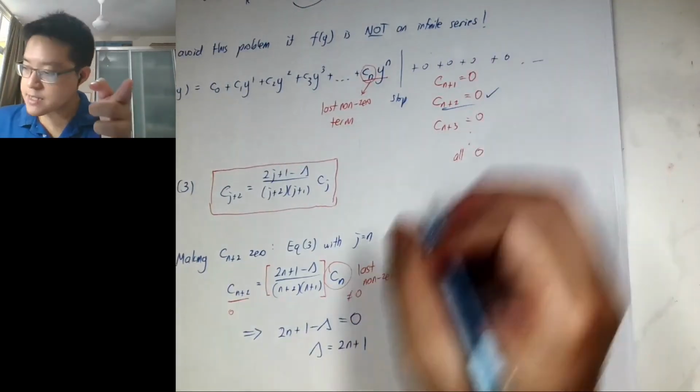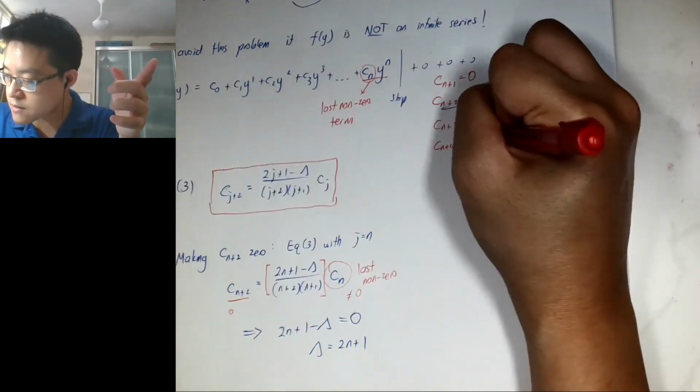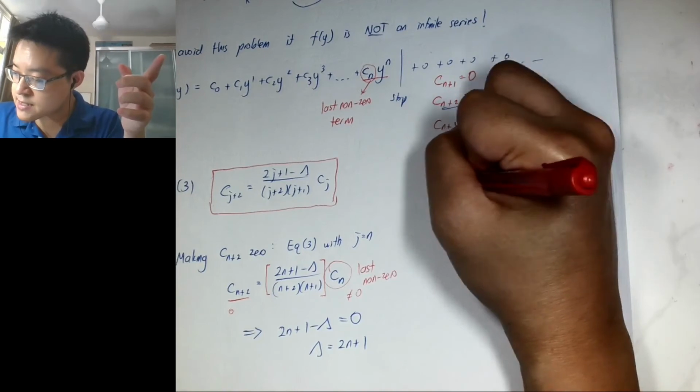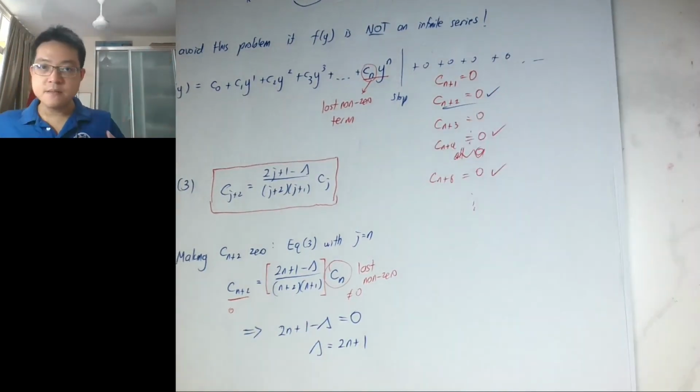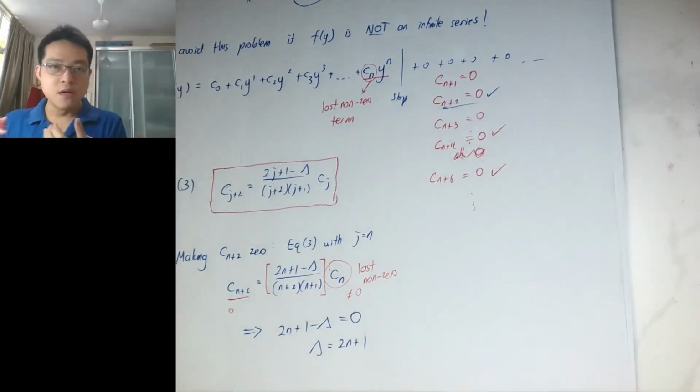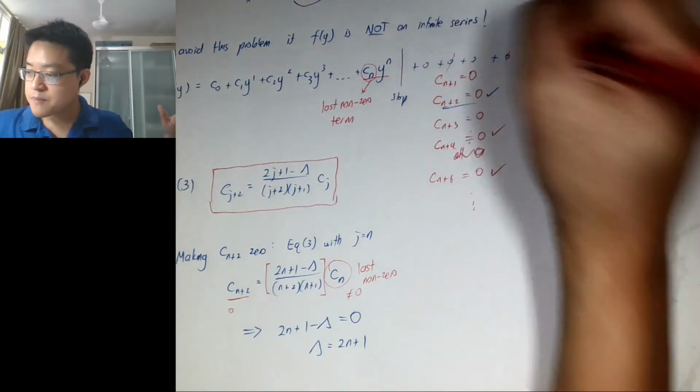If I make this term 0, then Cn plus 4 is going to be 0 as well, and then Cn plus 6 is going to be 0. All the alternating terms, Cn plus any even number, are going to be 0. So that part is settled, at least half of it.